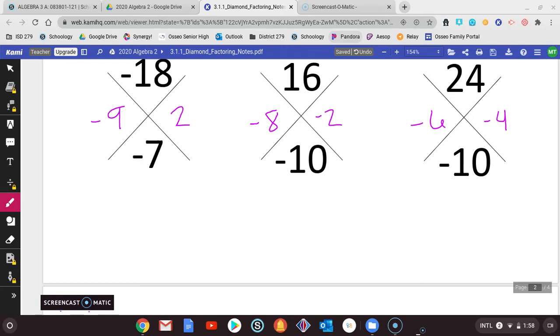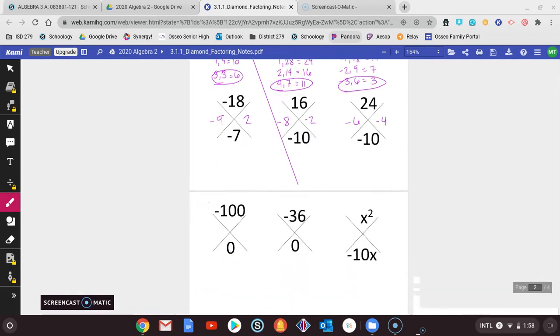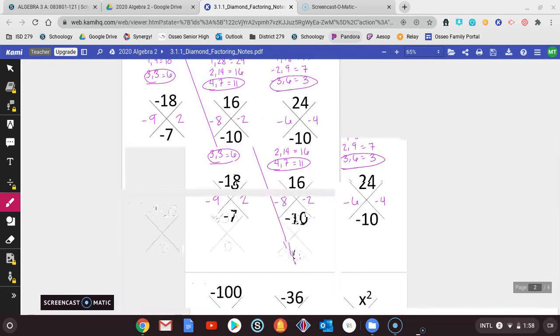Negative 6 and negative 4 multiply to a positive 24, but then they add to a negative 10. So sometimes you have to think a little about how we get a positive number when multiplying, which is positive times a positive, but it could also be a negative times a negative. So just a little tricky sometimes.